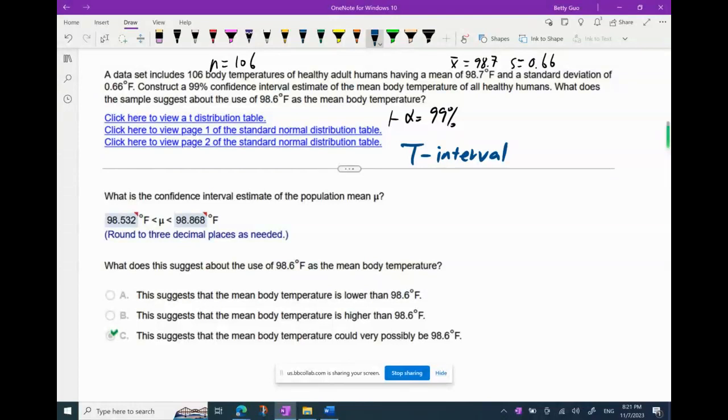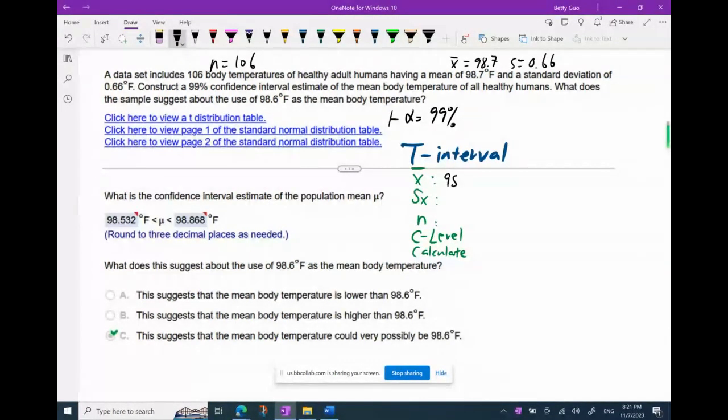Then you would have the following entries to take care of: x bar, S sub x, n, C level, and calculate. x bar, where is it?